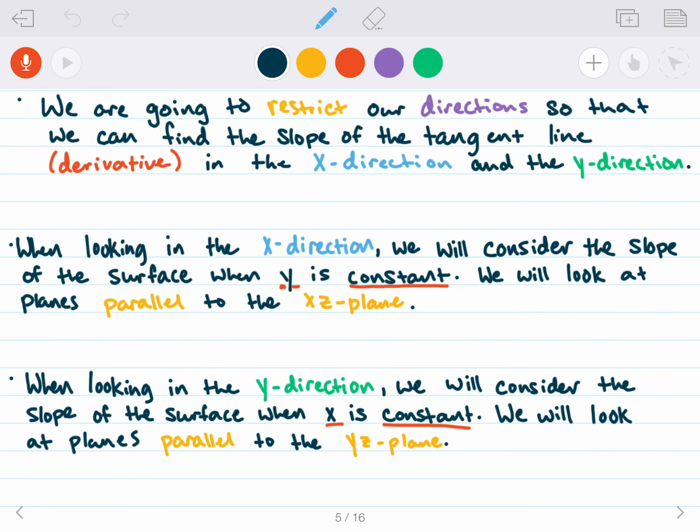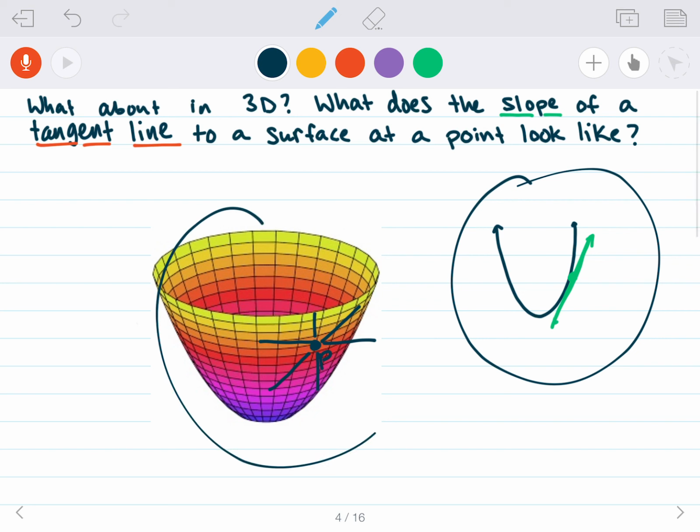So the idea is that we're going to restrict our directions so that we know exactly which tangent line we want, right? Because again, in this case right here, there are infinitely many tangent lines that you can draw to that point P that only touch that bowl at P. But we want to specify which tangent line I want to choose, which tangent line I want to find the slope of.